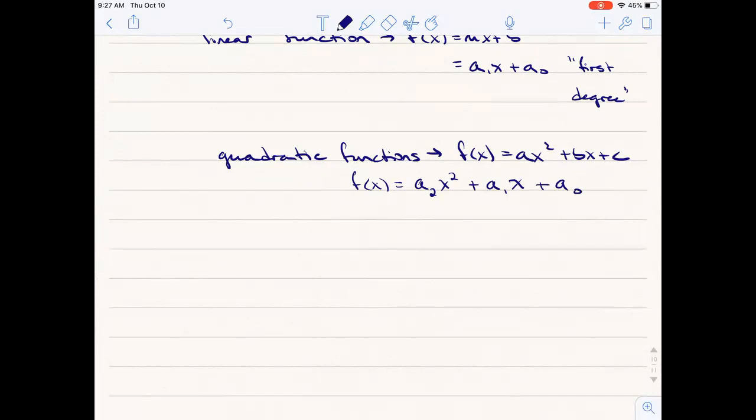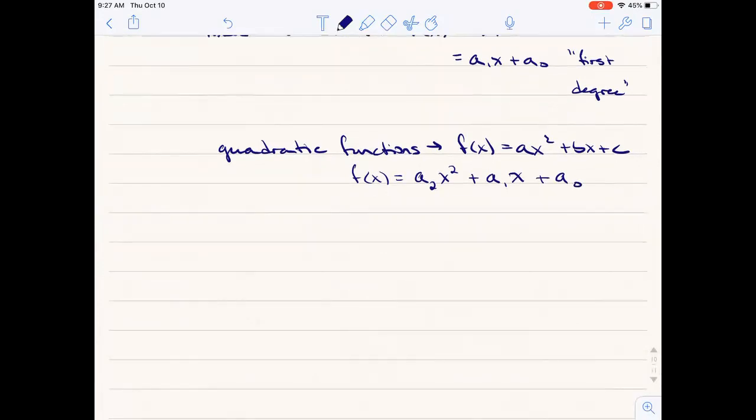Right, so now we're looking at a second degree polynomial. So we've already seen a few.